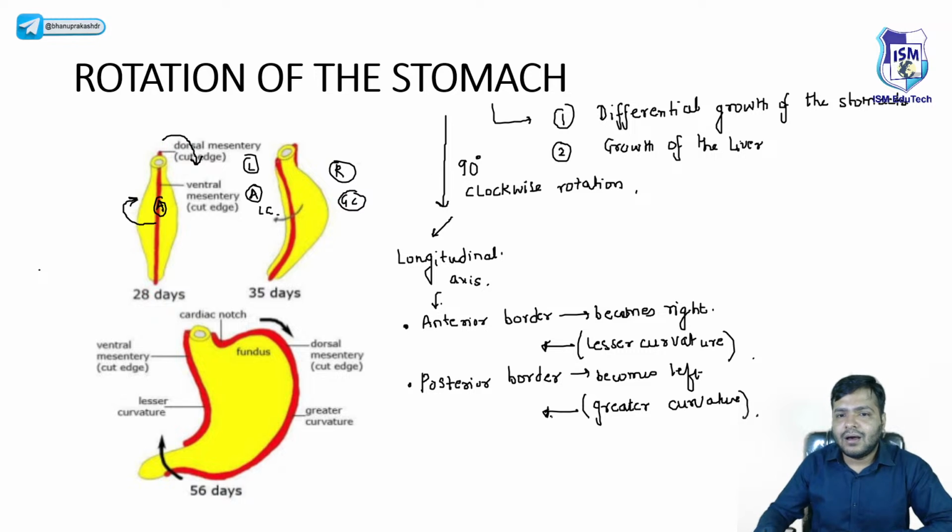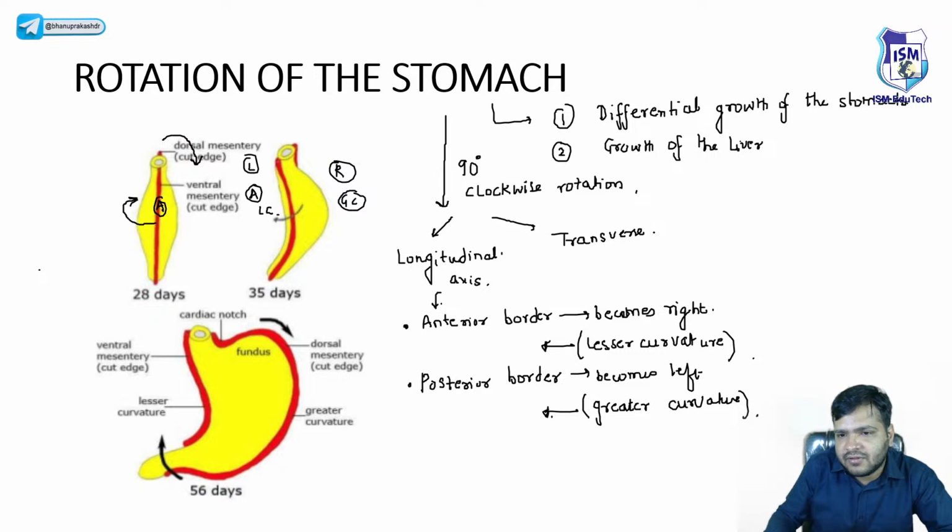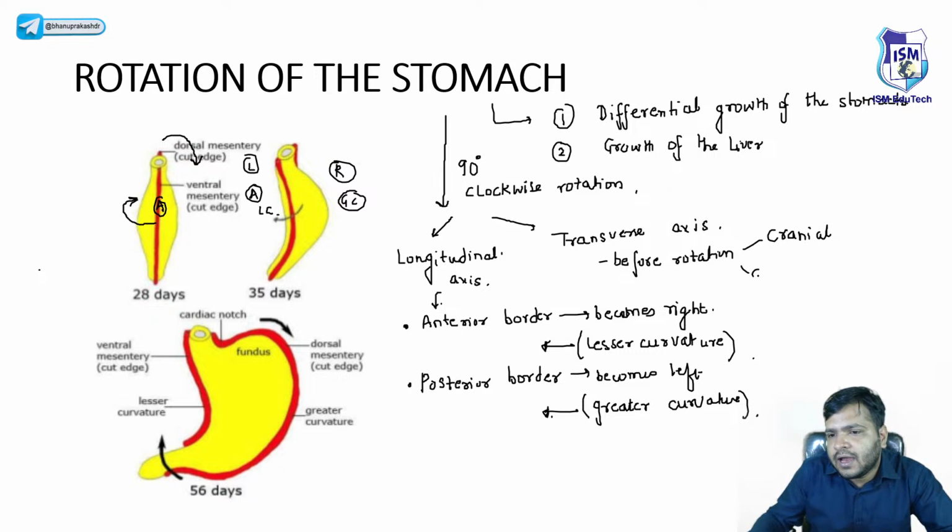So remember, we have rotation happening around the transverse axis also. Okay, so remember, guys, that before rotation, you already know the cranial end and the caudal end of the tube, they all lie in the median plane.